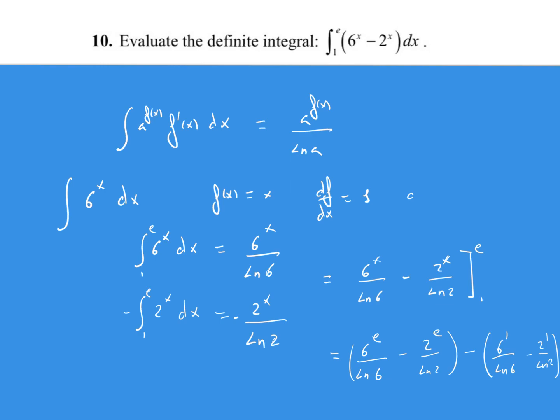We evaluate the antiderivative at e: 6 to the e divided by natural log of 6 minus 2 to the e divided by natural log of 2, minus the antiderivative at x equal 1: 6 to the 1 divided by the natural log of 6 minus 2 to the 1 divided by natural log of 2. It's the same application to a very similar problem.